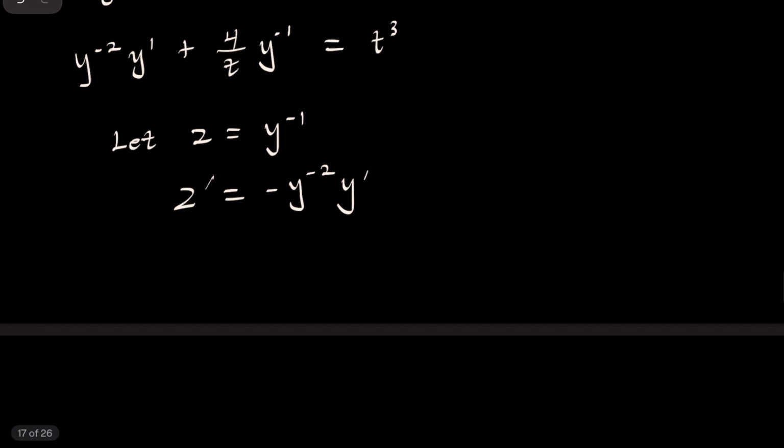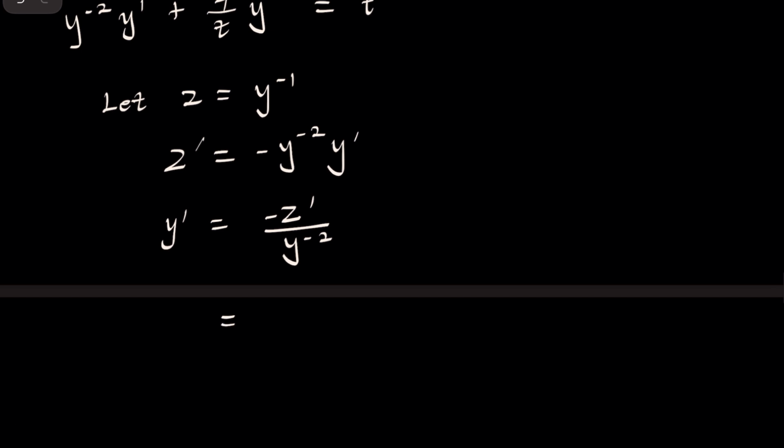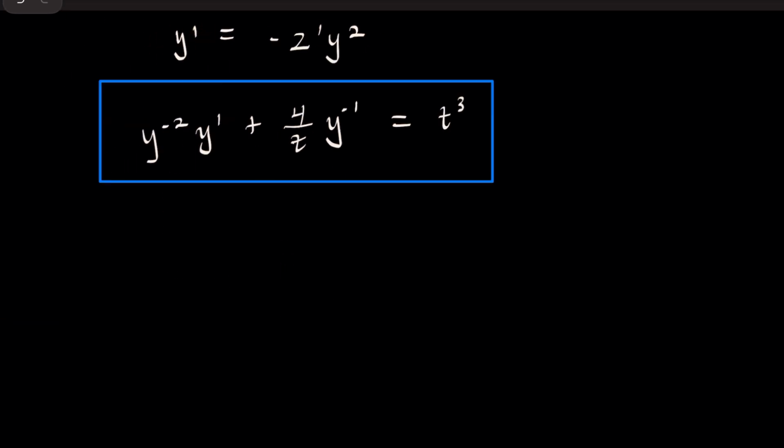Now let's find y prime. So y prime will be giving us z prime on minus y exponent minus 2, which is the same as minus z prime y squared. Now we substitute y prime equal to minus z prime y squared into our given differential equation.